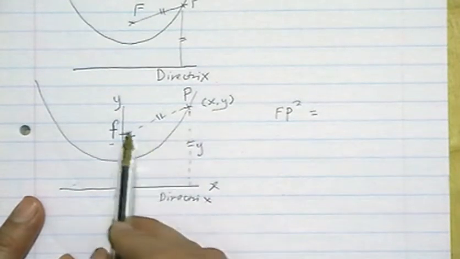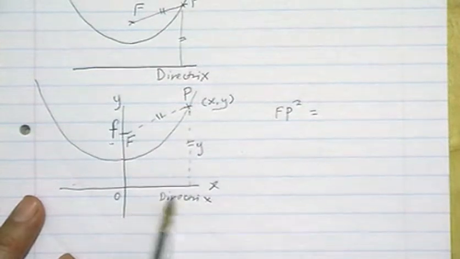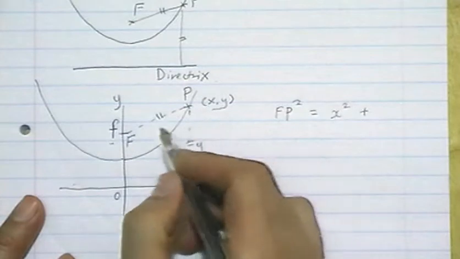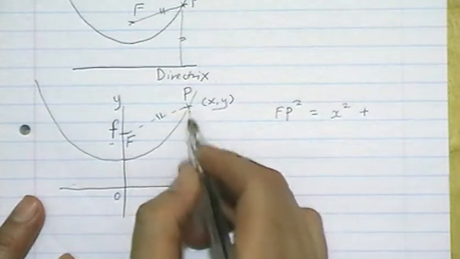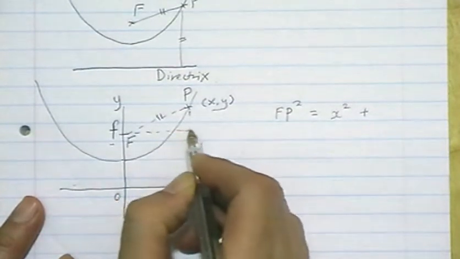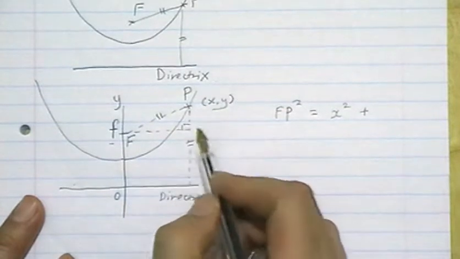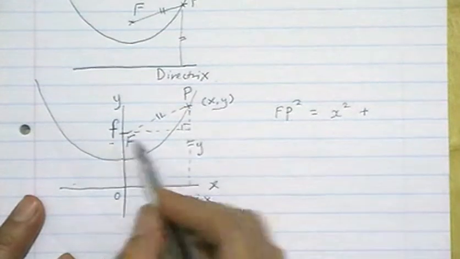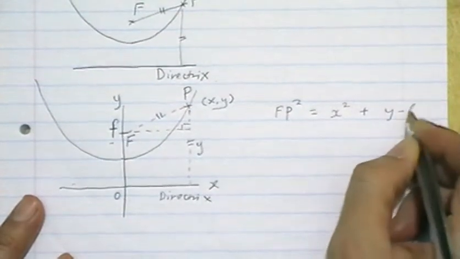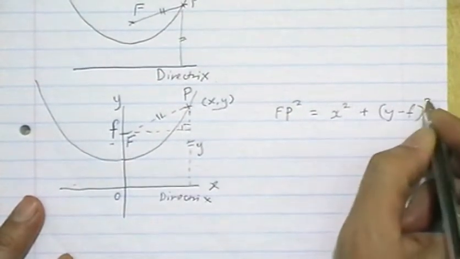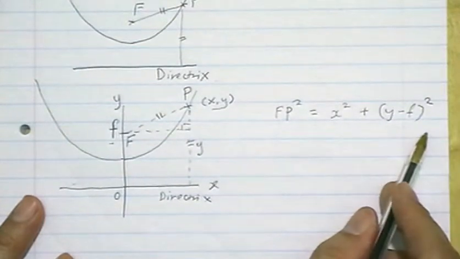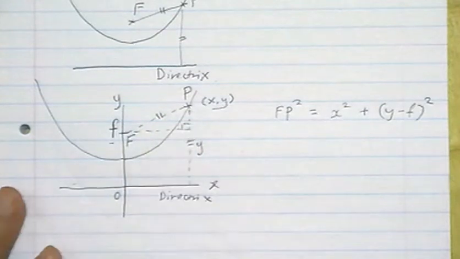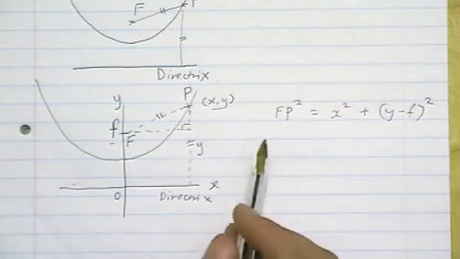The horizontal distance is x, so that's x squared, plus the vertical distance from here. If I draw a right angled triangle, the vertical distance is y minus f. So I square that, and this gives FP squared, this distance squared, according to Pythagoras theorem.